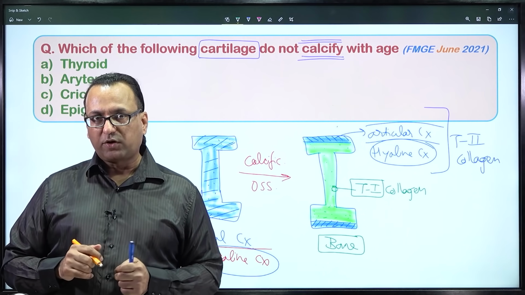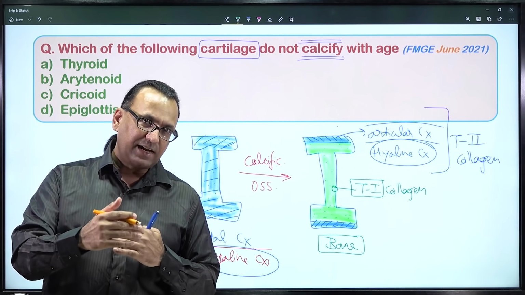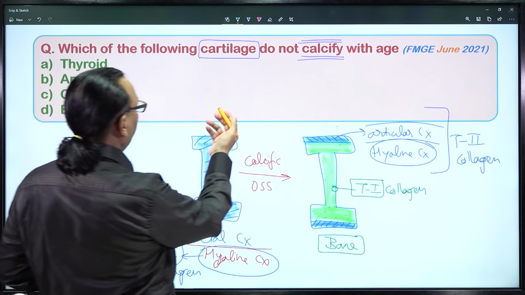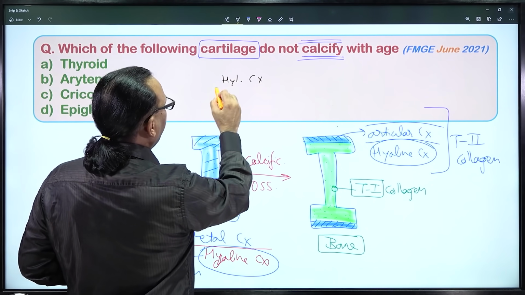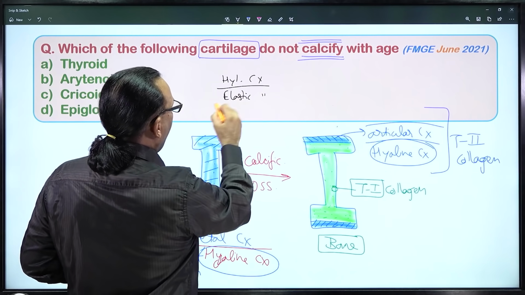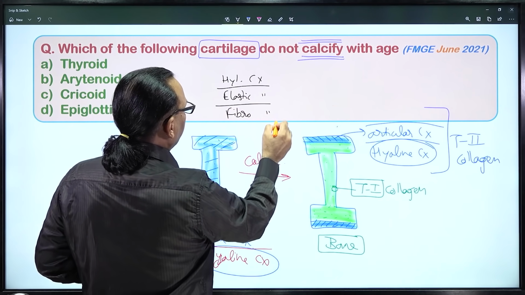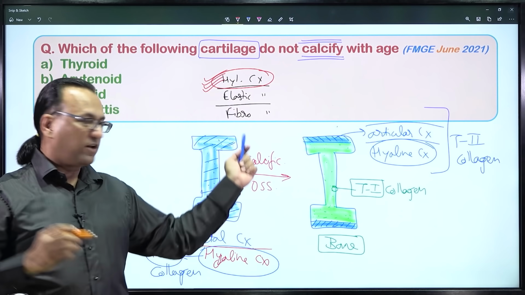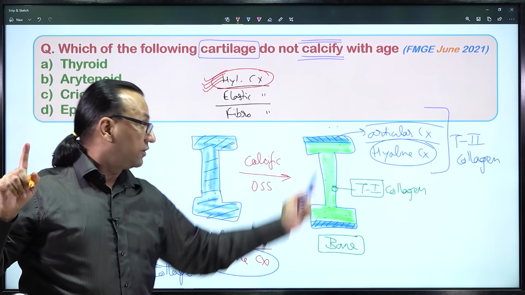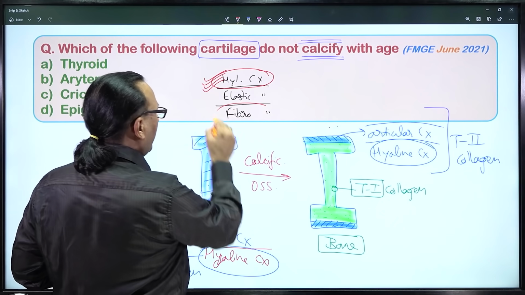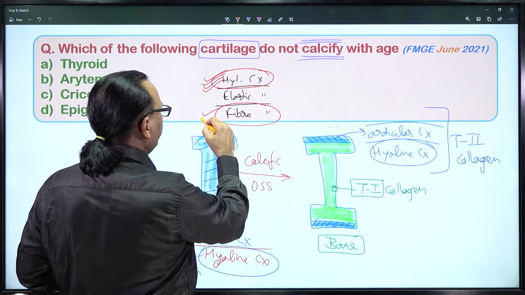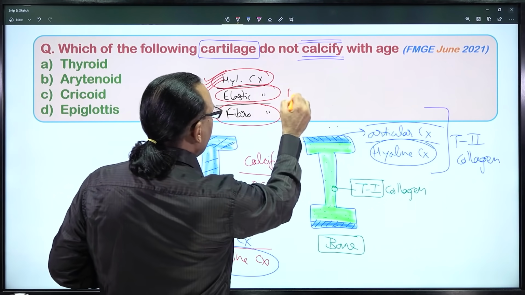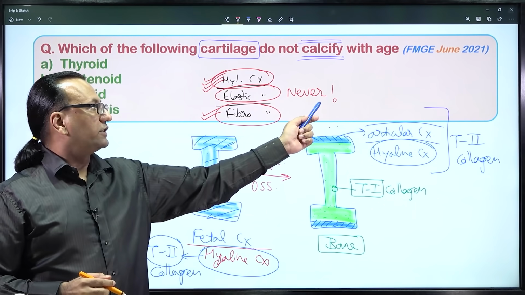Fibrocartilage has a slight tendency to get calcified and ossified. So you can write here three types of cartilage: hyaline, elastic cartilage, and fibrocartilage. You notice hyaline cartilage has a very high tendency to get calcified and ossified, except for articular cartilage, and fibrocartilage has a good tendency to get calcified and ossified, but the elastic cartilage never calcifies or ossifies.